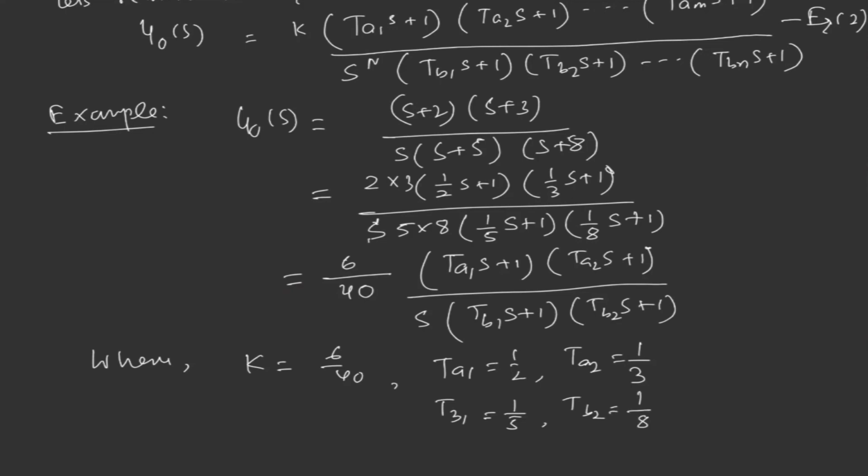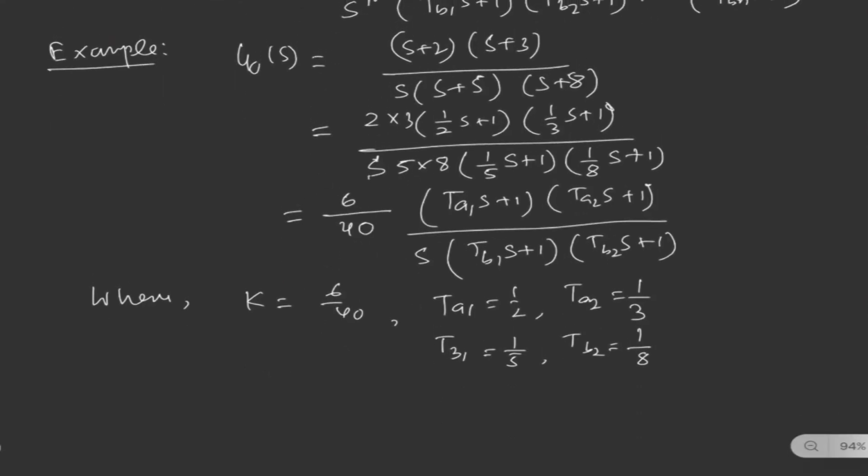So this is why we write in this form, because it makes the analysis easier, which will be coming very soon. So this is how we can write the transfer function. Later we'll be discussing these, which are basically time constants.